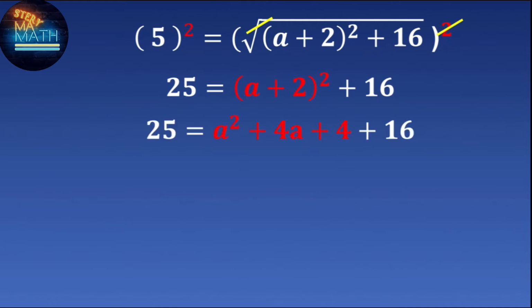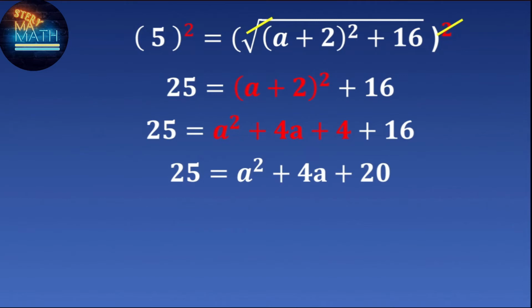So it will be a to the power 2, and the first term by the second term by 2 will be 4a, and 2 times 2 is 4, and don't forget plus 16. Now you have like terms. 4 plus 16 is 20, so it will be 25 is equal to a squared plus 4a plus 20, and a squared plus 4a are unlike terms, so you can't add them, so you will keep them.